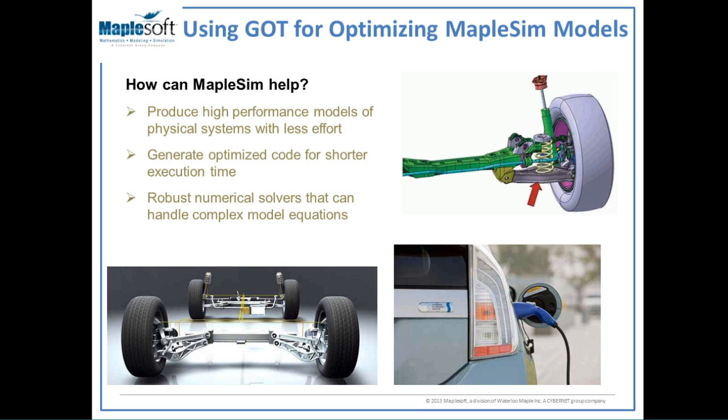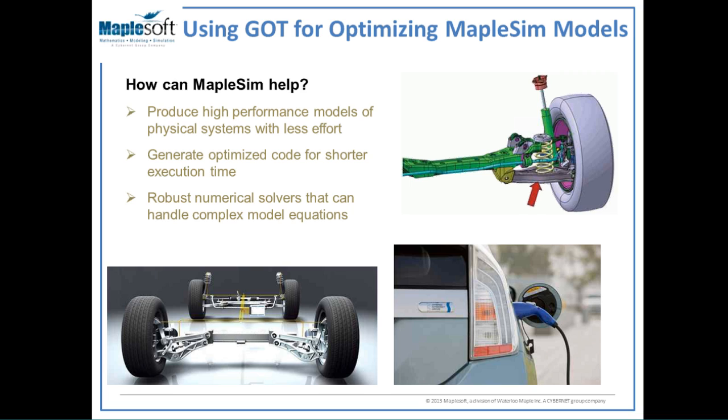So how can MapleSim help with the optimization process? MapleSim can produce high performance models of physical systems with very little effort. For example, you can easily build a physical system with great complexity, such as an electrical network or a mechanical system, in MapleSim in a very short amount of time.